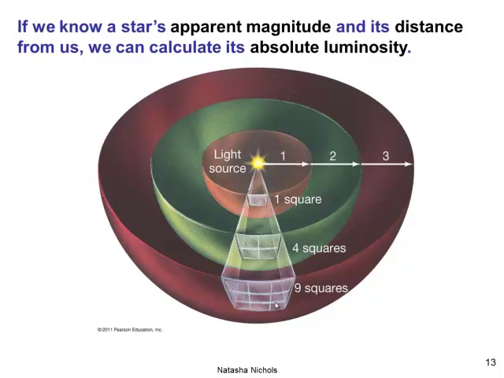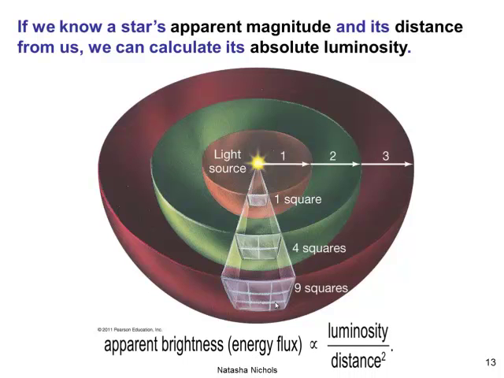Now, if we know a star's apparent magnitude, so how bright it appears to be, and its distance from us, how far away it is from us, then we can calculate its absolute luminosity, how bright it really is. And the way we do that is by using the inverse square law relationship. And mathematically, it's very simple. Apparent brightness is proportional to the luminosity divided by the distance squared.